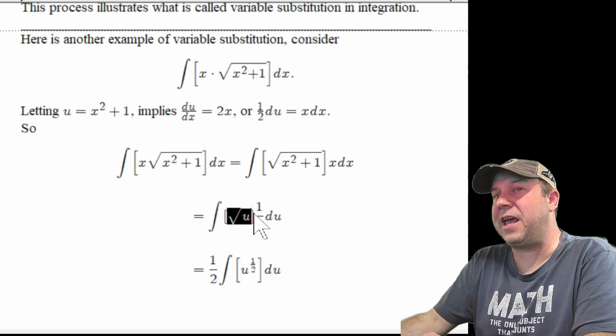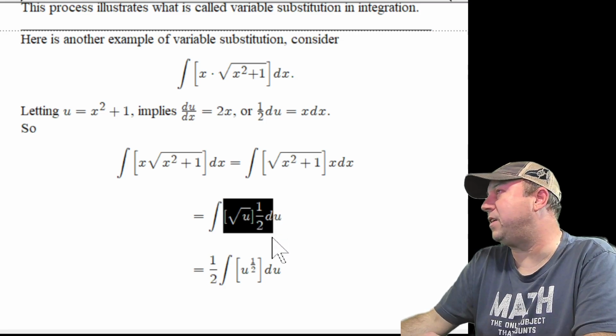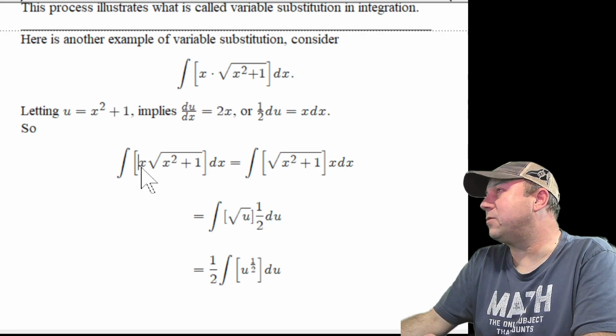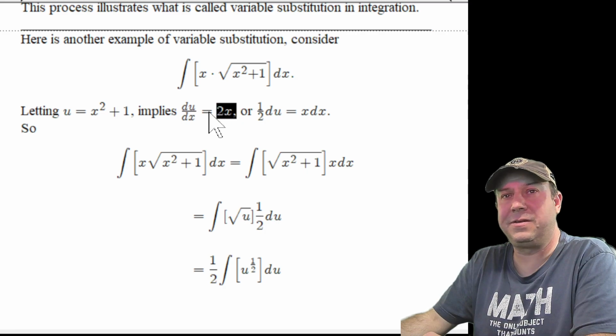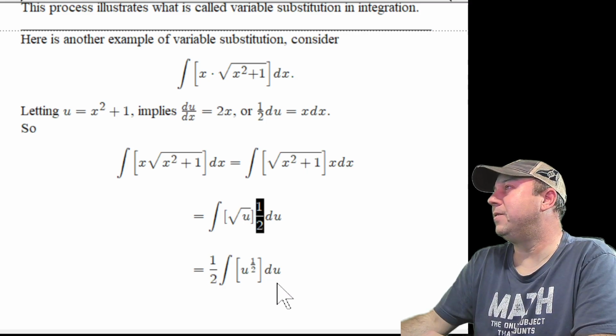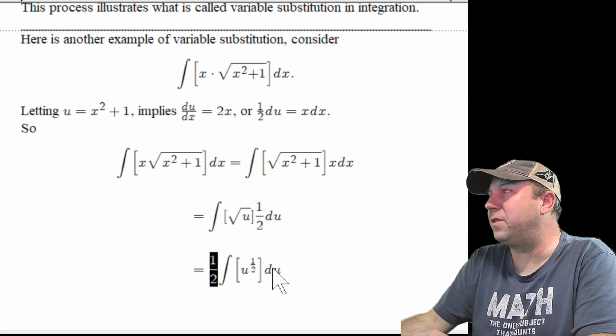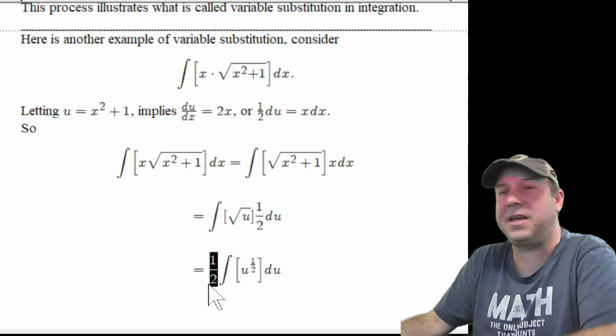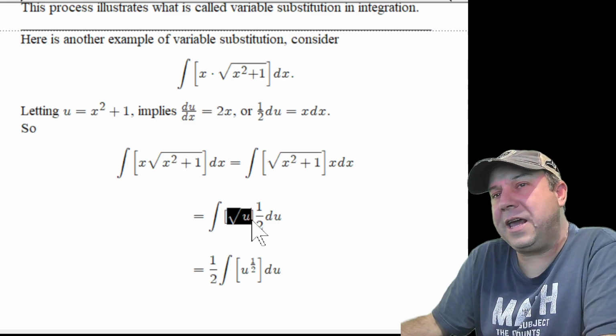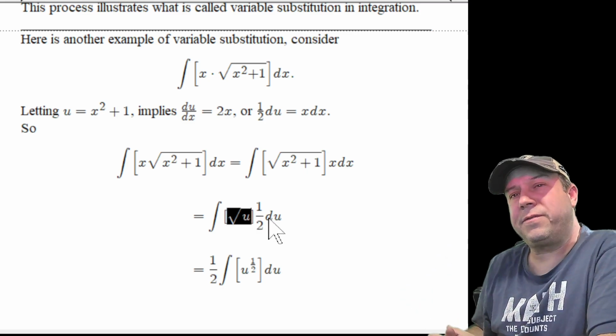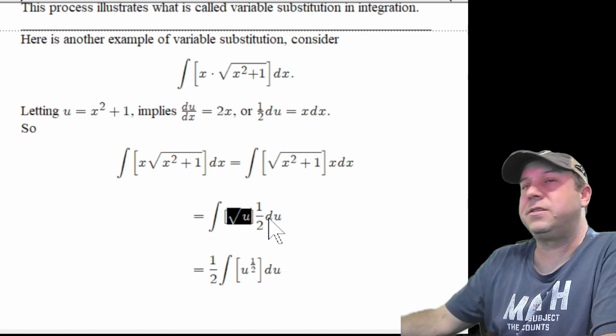We'll have, in a sense, the antiderivative for the square root of u times 1/2 du. And that x was necessary to pair up with the dx. And you'll notice that x is a multiple of this derivative of u with respect to x. It's half of it. So substituting in 1/2 du for the x dx, I can move that 1/2 to the front as a constant multiple. And how we handle the antiderivative of the square root of u, we're going to use a fractional power. That's going to be u raised to the power of 1/2.